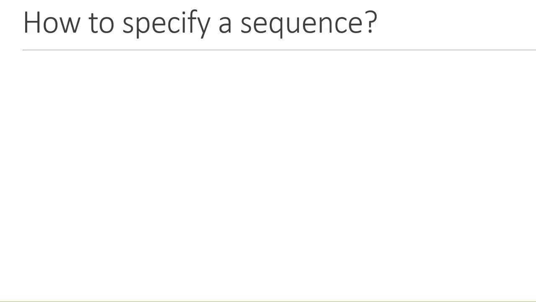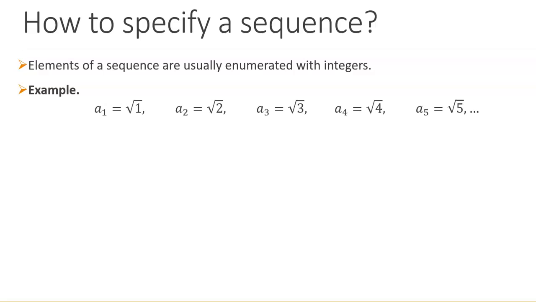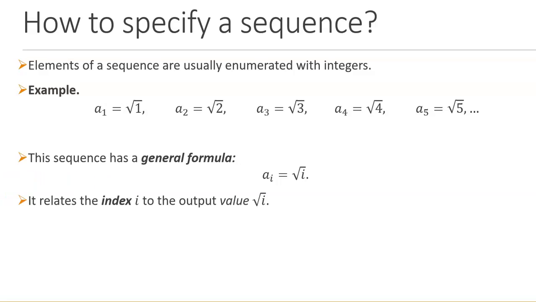Okay, now let's look more closely at how we specify sequences in mathematics. Elements of a sequence are usually enumerated with integers. For example, a1 equals square root of 1, a2 equals square root of 2, etc. We say that the sequence has a general formula a_i equals square root of i.